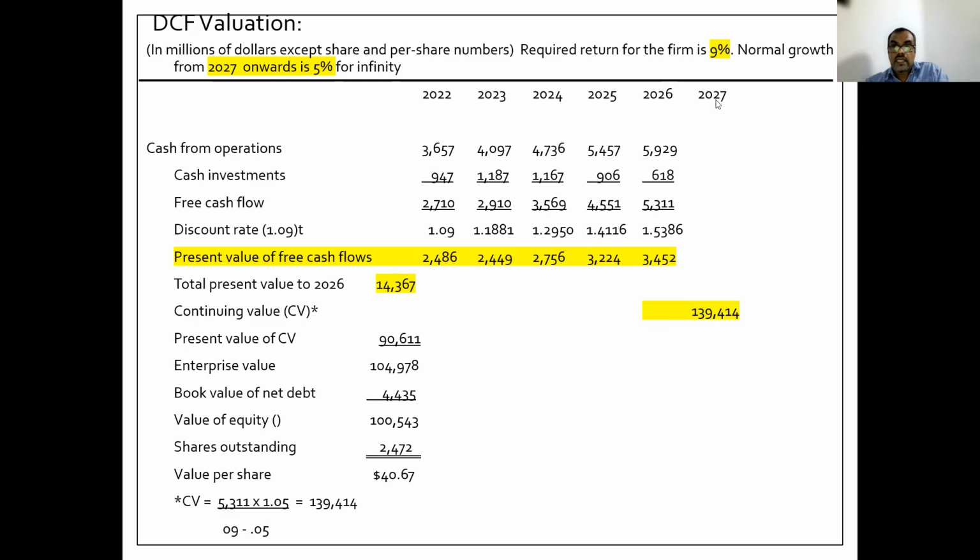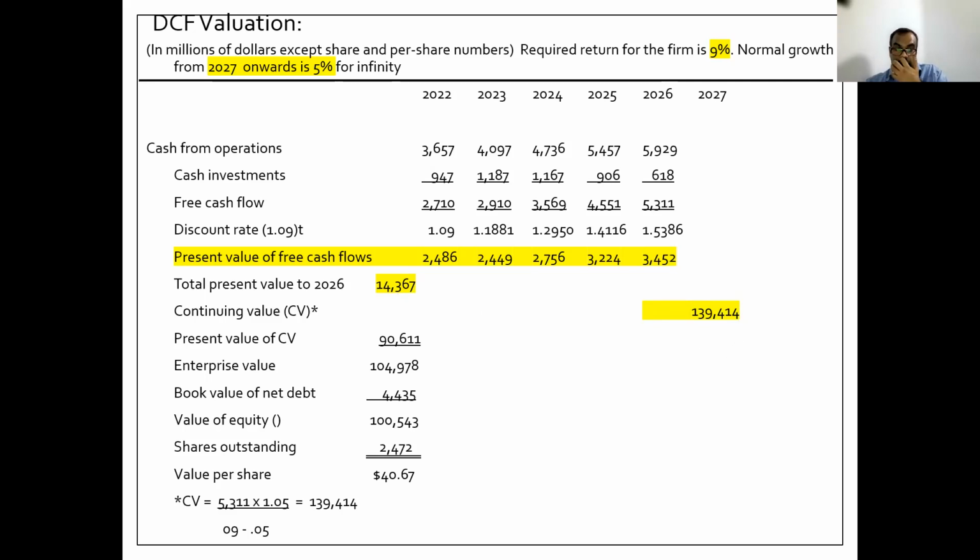Here, the cash flows starting from 2027 discounted give you the present value as of the beginning of 2027, that means end of 2026. This 14,000 is end of 2021. Therefore, the continuing value of 139,414 has to be brought back to as of 2021. That exercise is a normal discount.